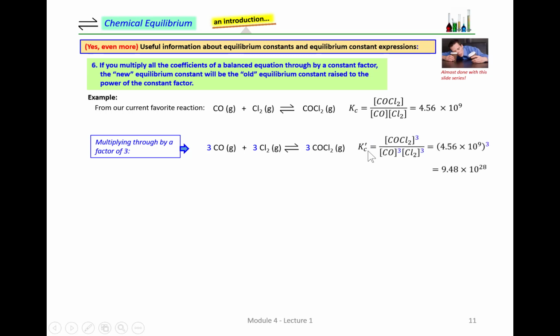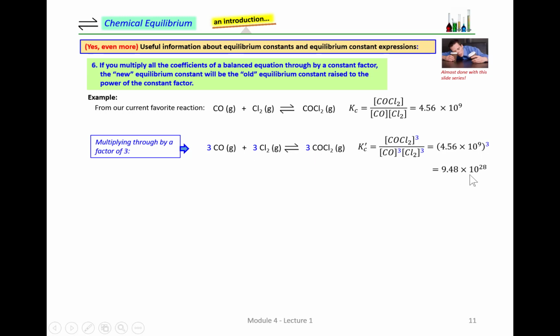So if we wrote an equilibrium constant expression for this, we have to concede the fact that there are now coefficients of 3, and so we'd have to raise each of these concentrations to the third power, which means effectively we're taking our equilibrium constant number and raising it to the third power. So the Kc of the reaction written this way is actually 9.48 times 10 to the 28th.